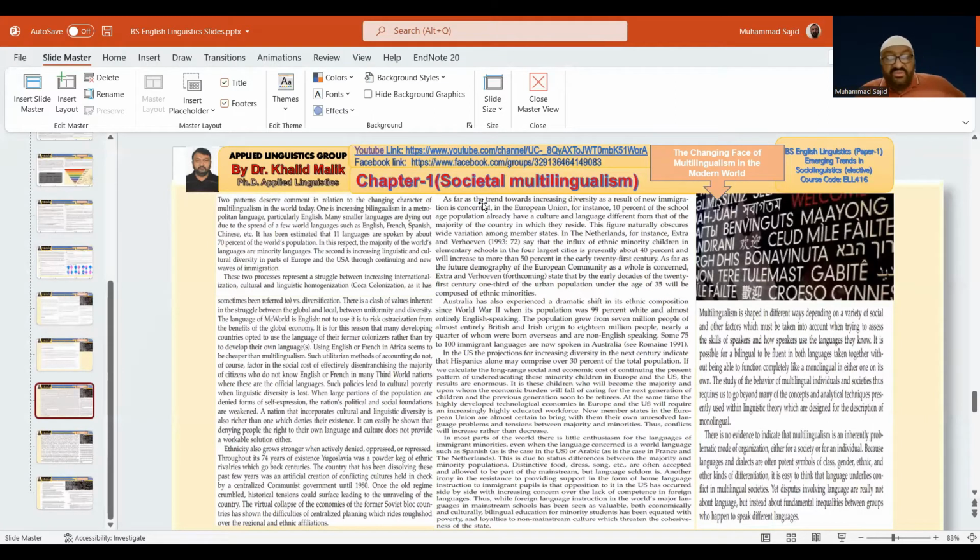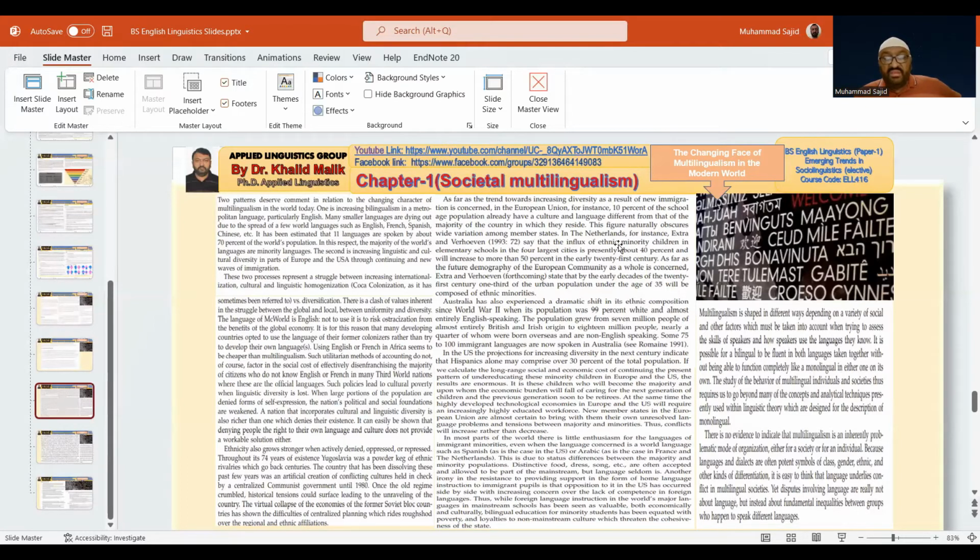As far as the trend towards increasing diversity as a result of new immigration is concerned, in the European Union, for instance, 10% of the school age population already have a culture and language different from that of the majority of the country in which they reside. This figure naturally obscures wide variation among member states.